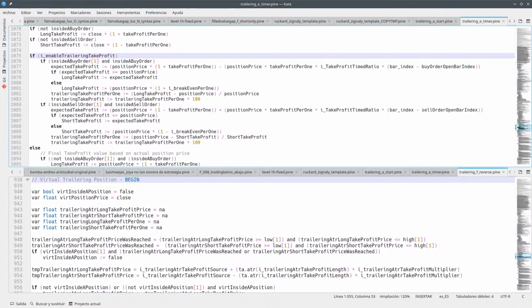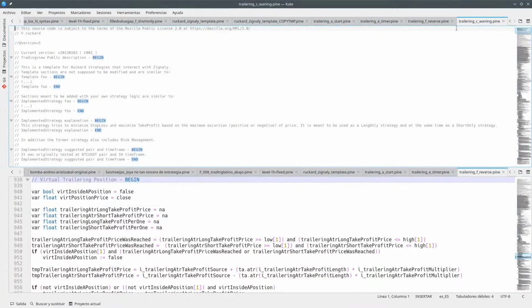So this is defining an expected take profit based on this, and we want not the E one but the C one, if I'm not mistaken, because otherwise this is not going to work as we want it to. So we want the C1.